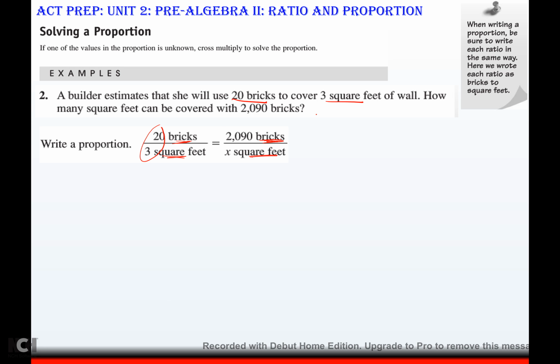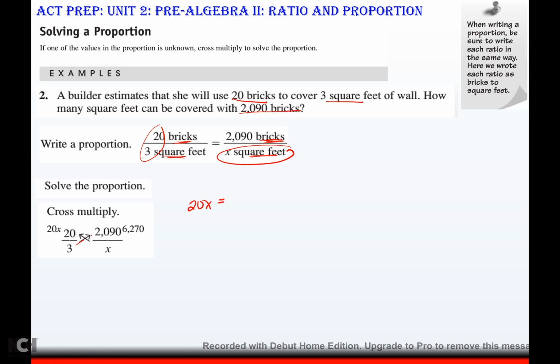And they have to give me one of the values for the other one. They gave me 20/3, and then they said how many square feet, that's my question, can be covered with 2090 bricks. Bricks goes on top. So then we cross multiply. I got 20 times x is 20x equals 3 times 2090 is 6270.